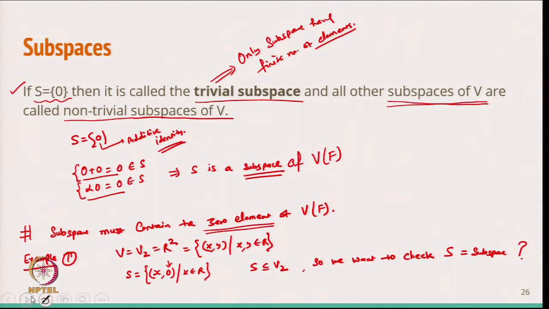Now, I am taking the subspace from V2. In V2 we have defined vector addition as usual addition and scalar multiplication, so I am going to use the same vector addition and scalar multiplication.